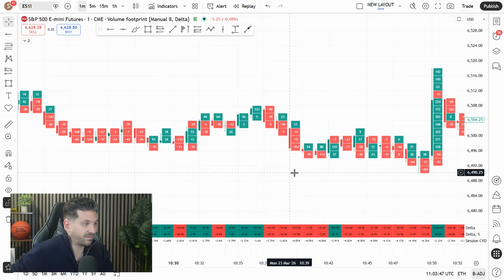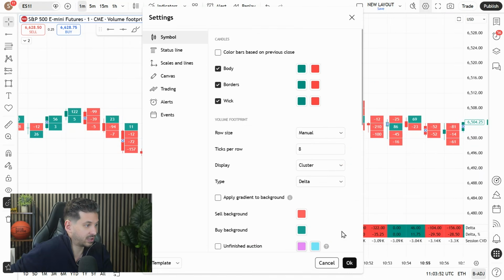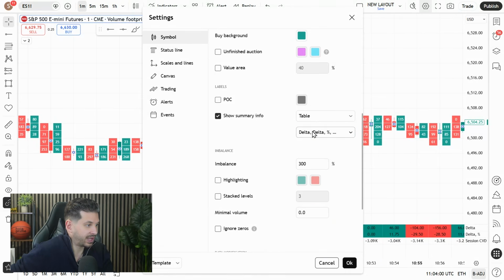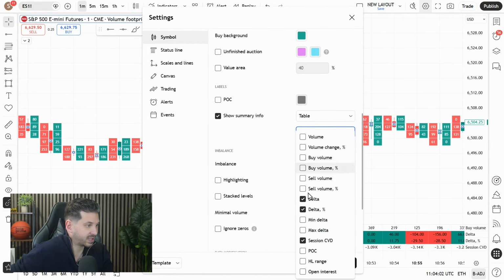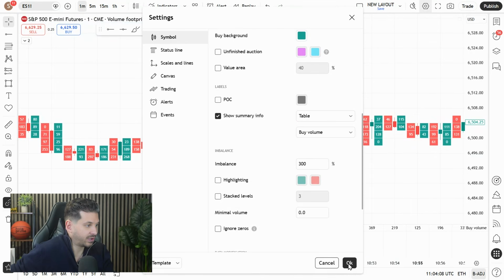Now this is the delta footprint, so it's only showing you the difference between the buyers and sellers. But if I switch it over to the buy and sell, we can see the exact volume. And if I also add in the table, we're going to add buy volume, and I'm just going to get rid of all the other stuff. So this is all the buy volume in that candle.